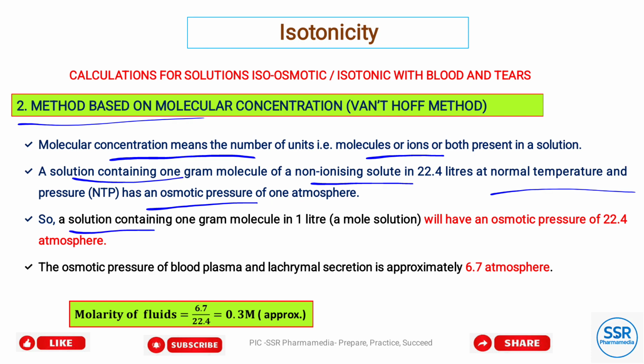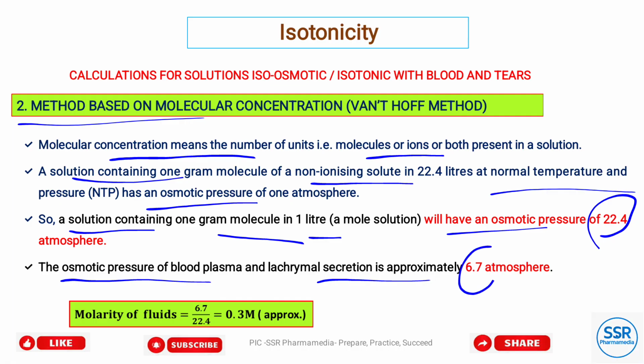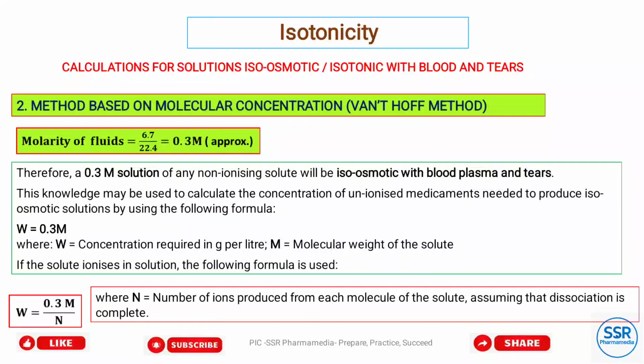So a solution containing 1 gram molecule in 1 liter will have an osmotic pressure of 22.4 atmospheres. The osmotic pressure of blood plasma and lacrimal secretion is approximately 6.7 atmospheres. So the molarity of the fluid, 6.7 divided by 22.4, is approximately 0.3 M.